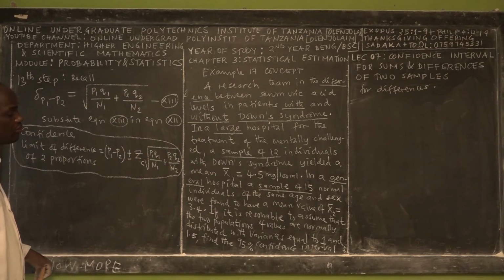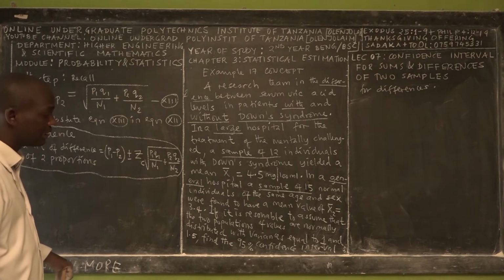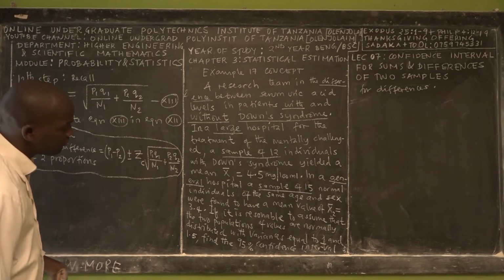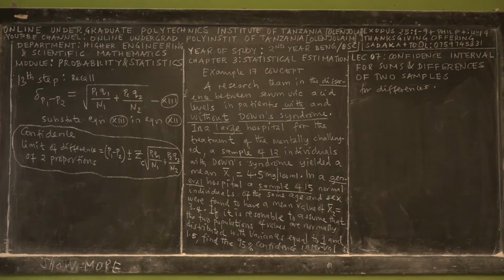Normal individuals of the same age and sex were found to have a mean value of 3.4.